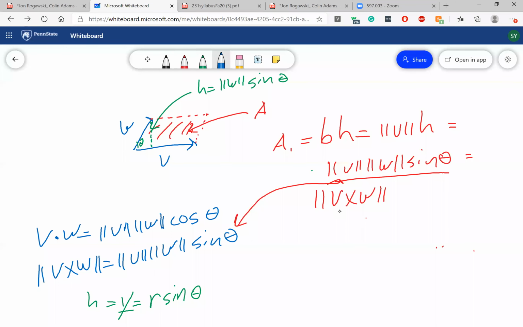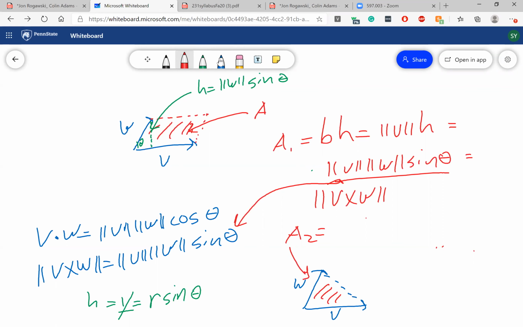And then the second area that they would like you to find, so that's going to be the triangle. So now if you have over here V and you have W, you can look at this triangle and they would like you to find this area. So it's going to be 1/2.